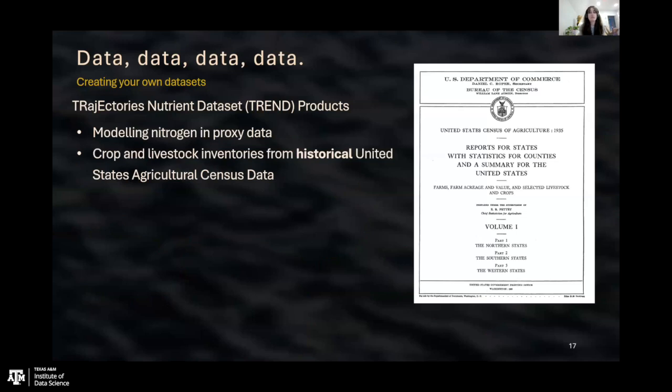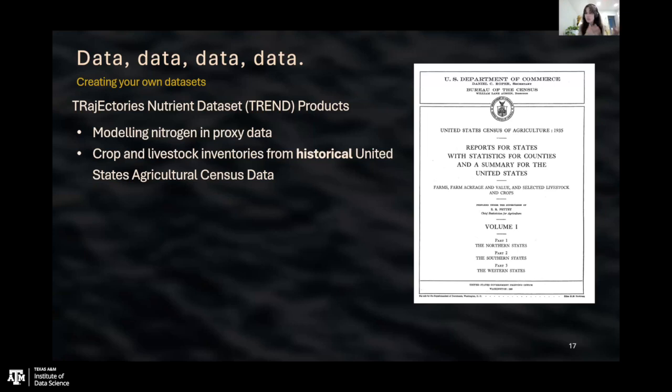When you create your own data sets, of course, you can use things that are easily accessible, but I also want to mention that, of course, we have a lot of data right now. Every day, a lot of data is being generated, but there are also some very good historical data sets that are not digitized, that are underutilized, forgotten about, and they hold a ton of information.